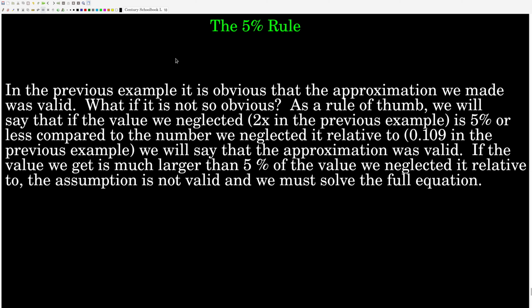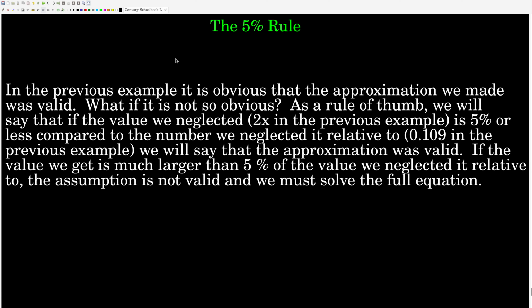So we have a rule of thumb, and it's just that, just a rule of thumb. It's not a hard and bright line. But what we're going to say is if the value that we neglected, which was 2x in the previous example, is 5% or less compared to the number we neglected it relative to, so if 2x is less than 5% of 0.109 in that last example, then we'll say, okay, that's a valid approximation, and any difference that we get from our approximation will not really matter.